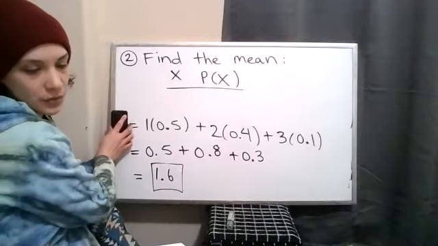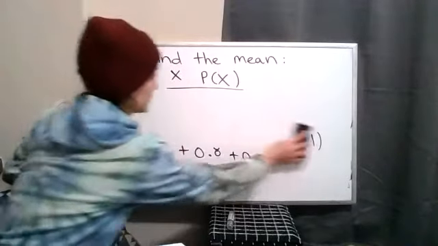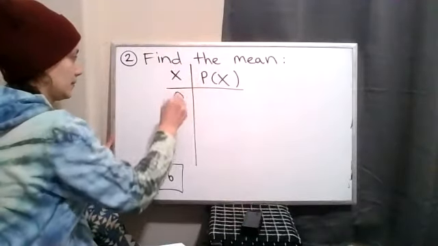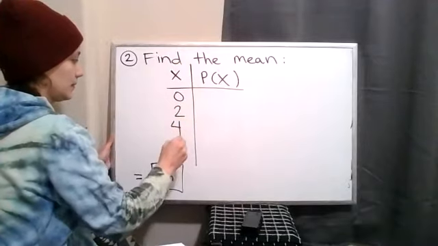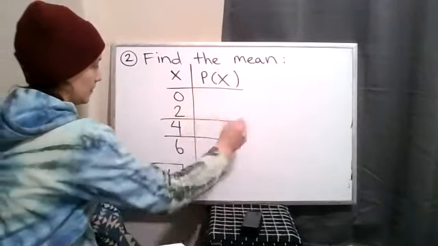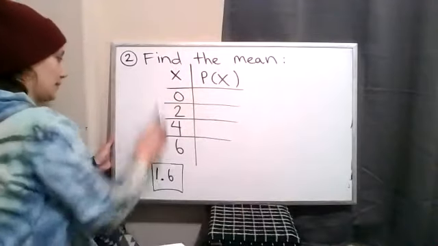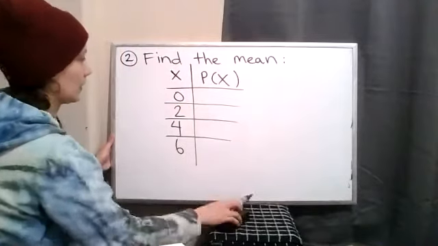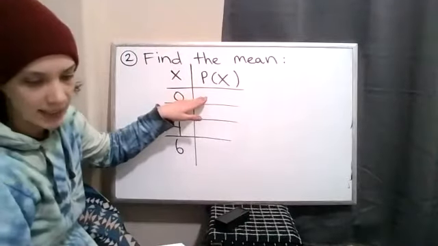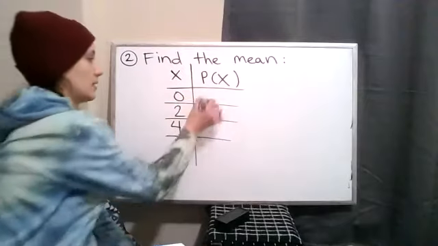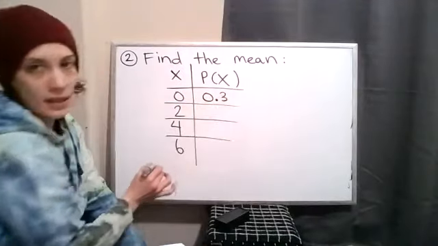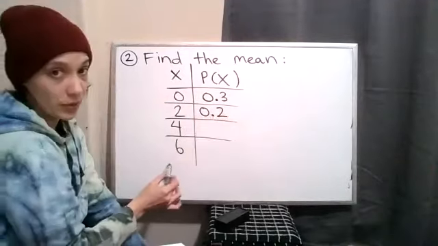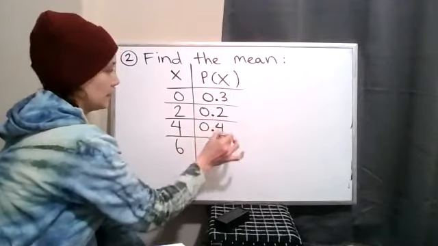Actually, we're going to do 0, 2, 4, 6. First probability is 0.3. The next one is 0.2, then 0.4, then 0.1.